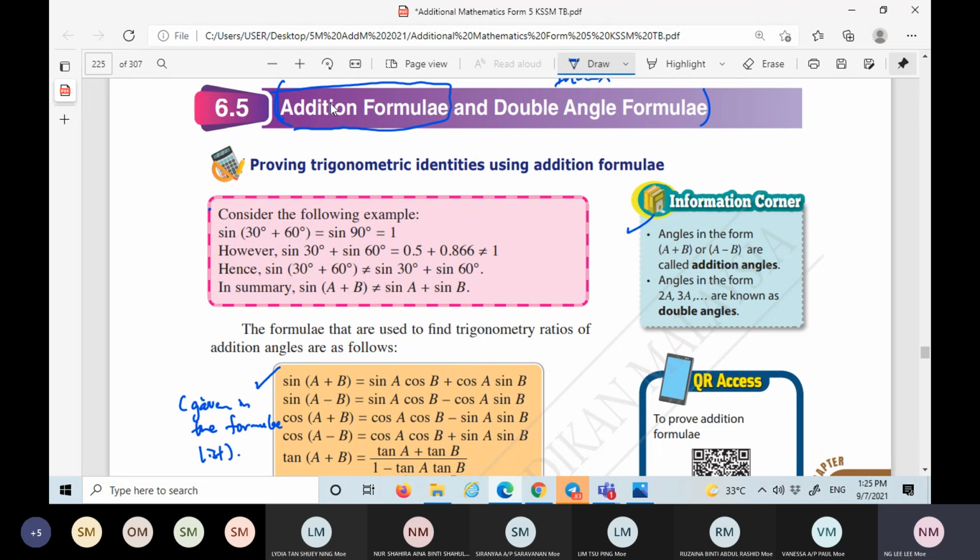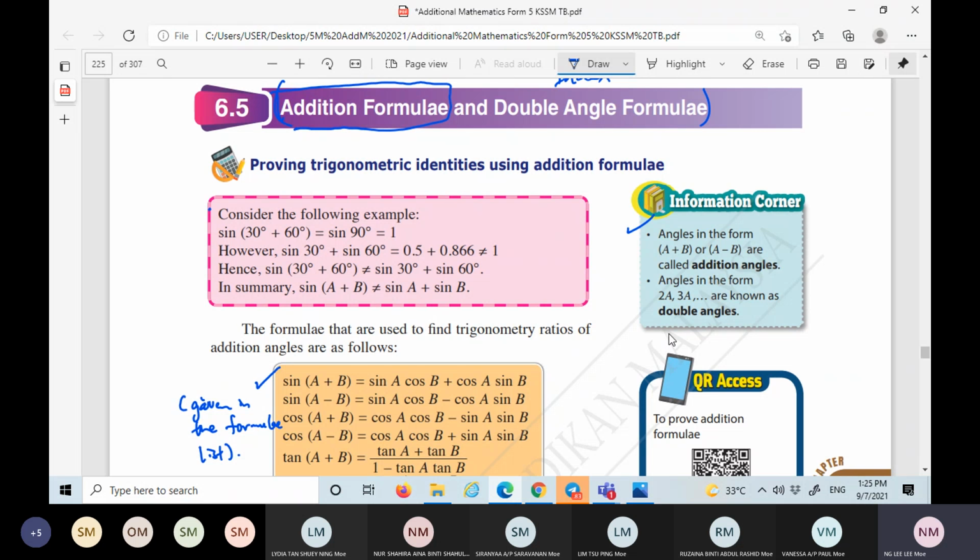Then for the double angle formula, double actually means 2A. So we call it a double angle. After that we have the double angle formula, meaning sine 2A is equal to what, cos 2A is equal to what, tangent 2A is equal to what. That is the double angle formula.